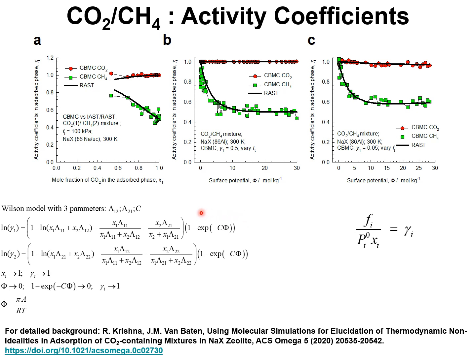It is absolutely of vital importance to introduce this correction factor into the model to describe the variation of activity coefficients with adsorbed phase composition and the surface potential. The same holds for the NRTL model, the Margules model, etc. All of this background theory is described in my paper published in ACS Omega in 2020.